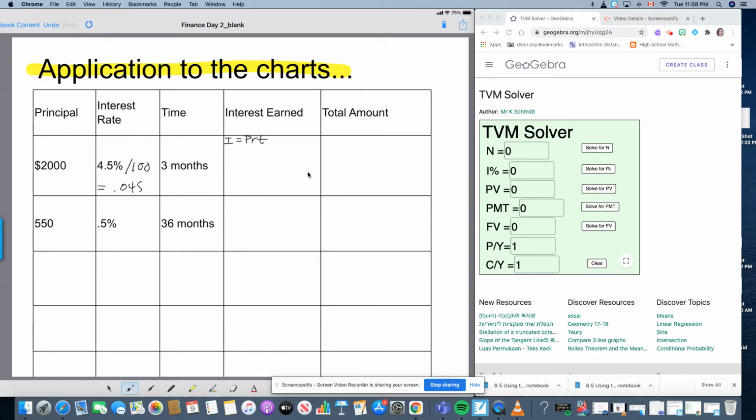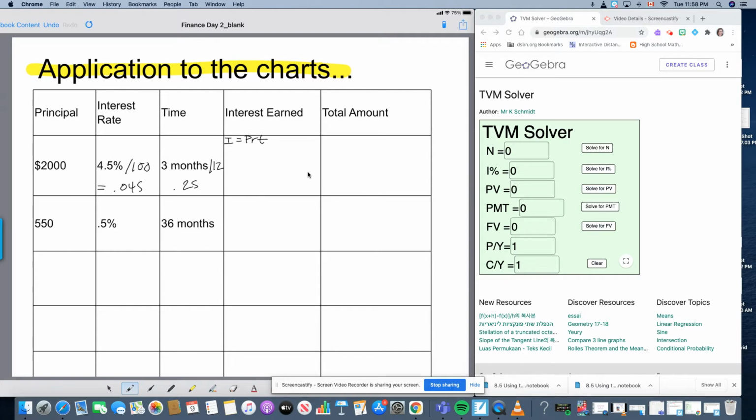And then for the time, you have to make sure that you're always operating in years. So if this is months, you're going to divide by 12 in order to get how many years it is. So that 3 divided by 12 is going to give you 0.25.